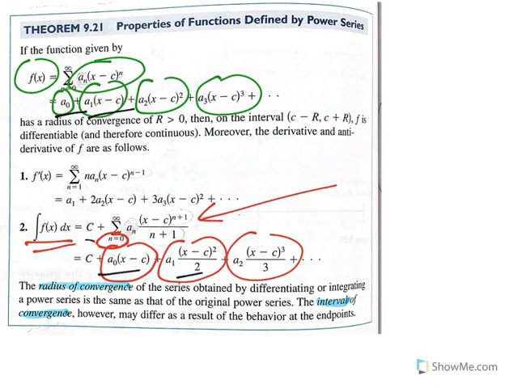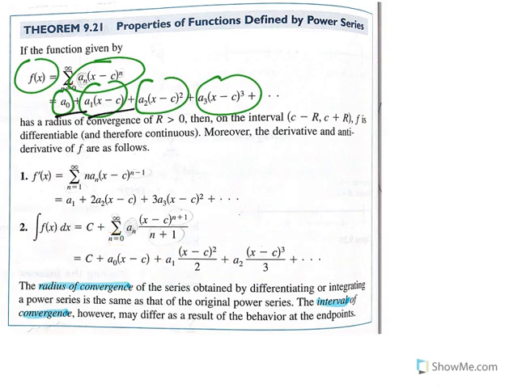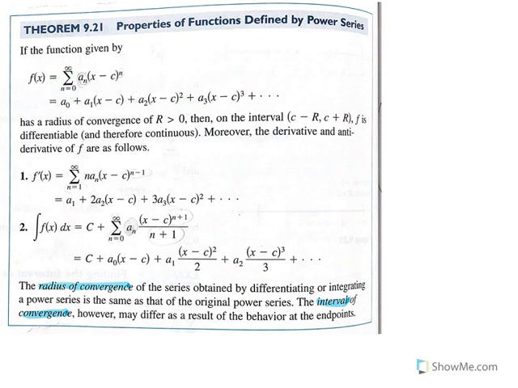So if you're ever in doubt, you can do that. But as a general rule of thumb, for the index for the derivative, you want to make sure that it is such that this exponent is not negative. And here, you can generally keep it to be the same as whatever the index started with for the function f of x.